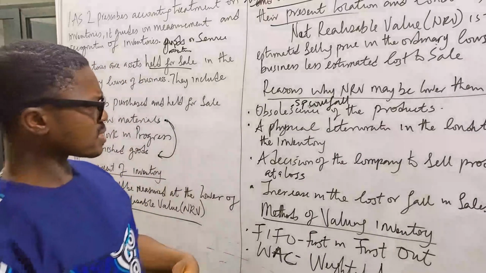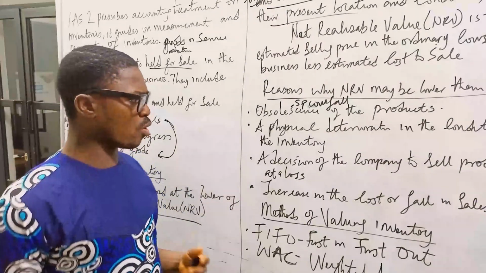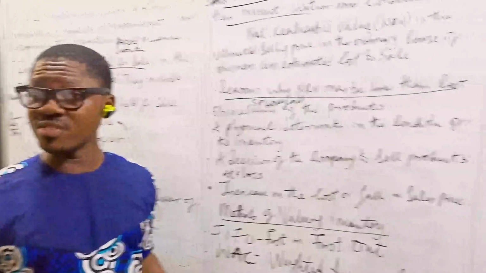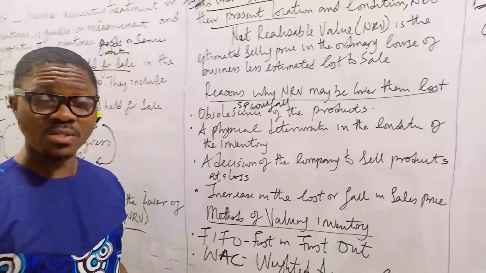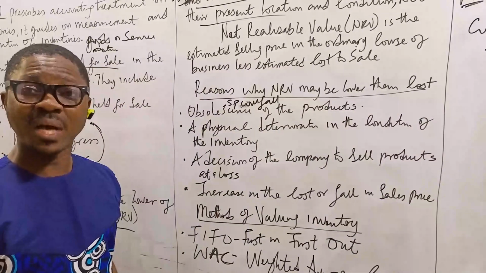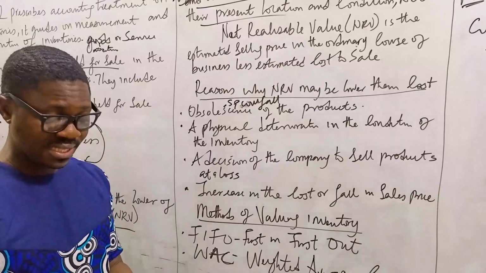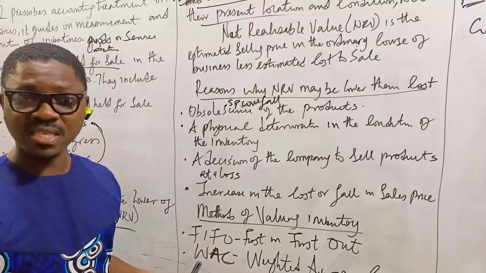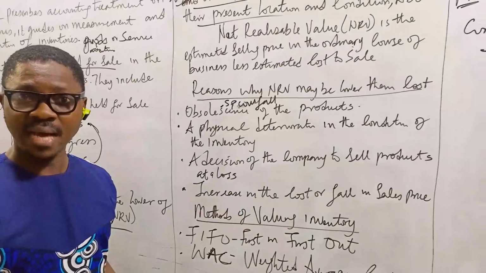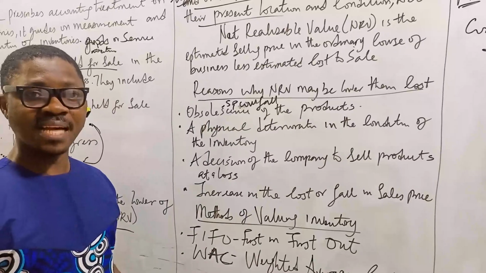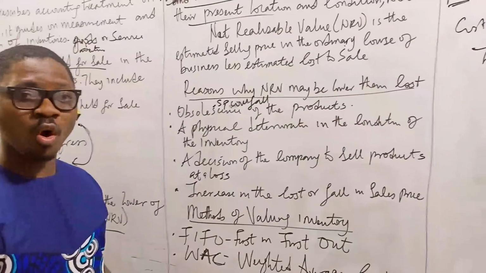Net realizable value may also be lower than cost when there is a physical deterioration in the condition of the inventory. When it is obvious that nobody wants to buy this inventory at the price we are attaching to it, because the physical attribute of this inventory has deteriorated, and you know well that the value of a thing can also be attached to the look of the thing.